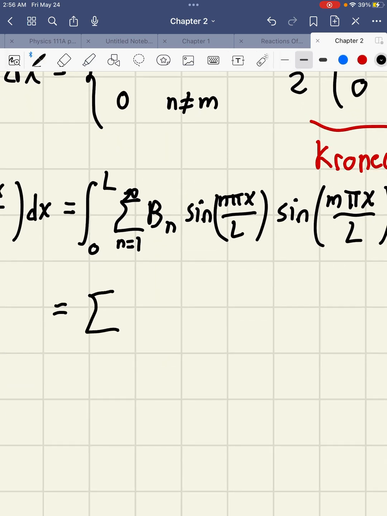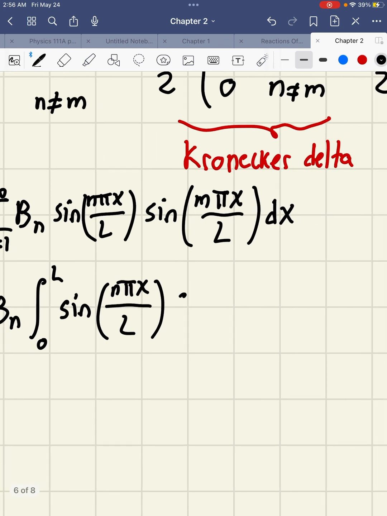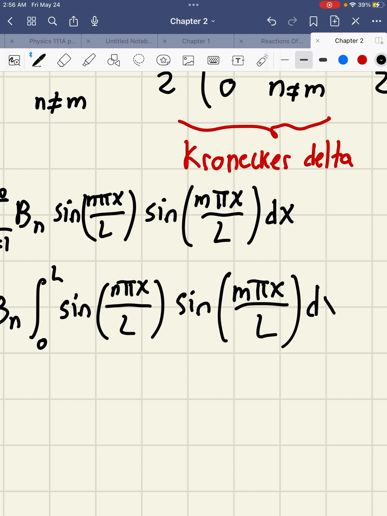So I get the sum of b of n times the integral from 0 to L of sine n pi x over L sine m pi x over L dx.